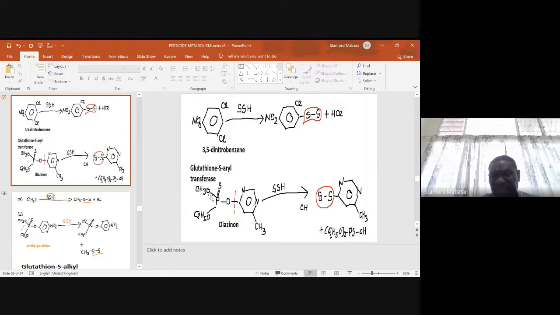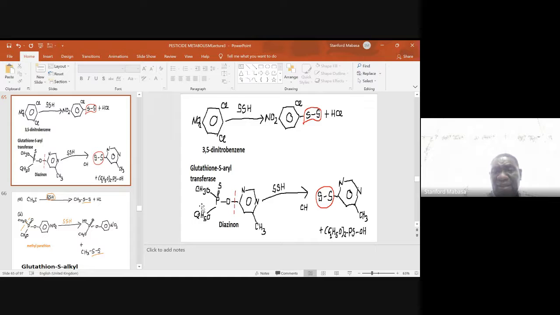Here we've got this pesticide diazinon. Now, diazinon can split here, and instead of having this structure, we add the glutathione there to detoxify that diazinon, which is an insecticide.